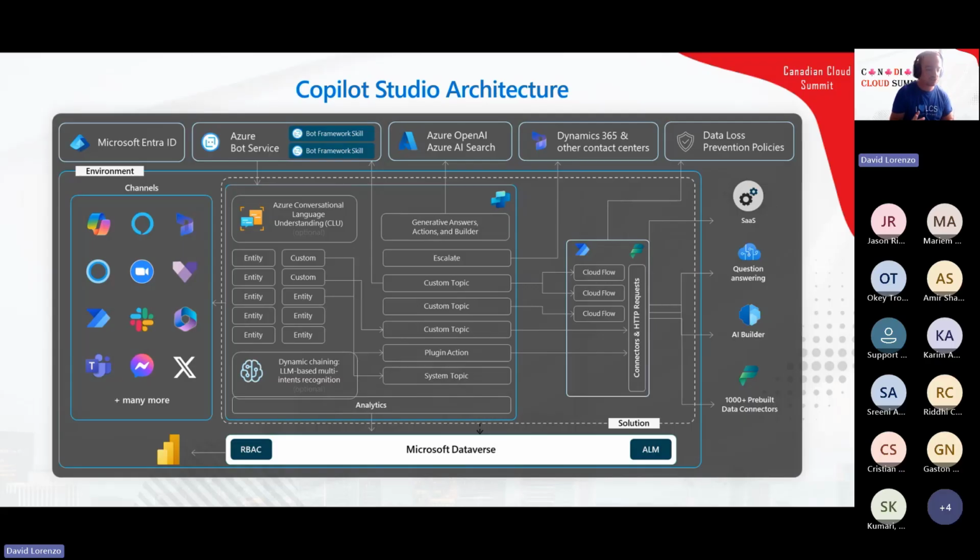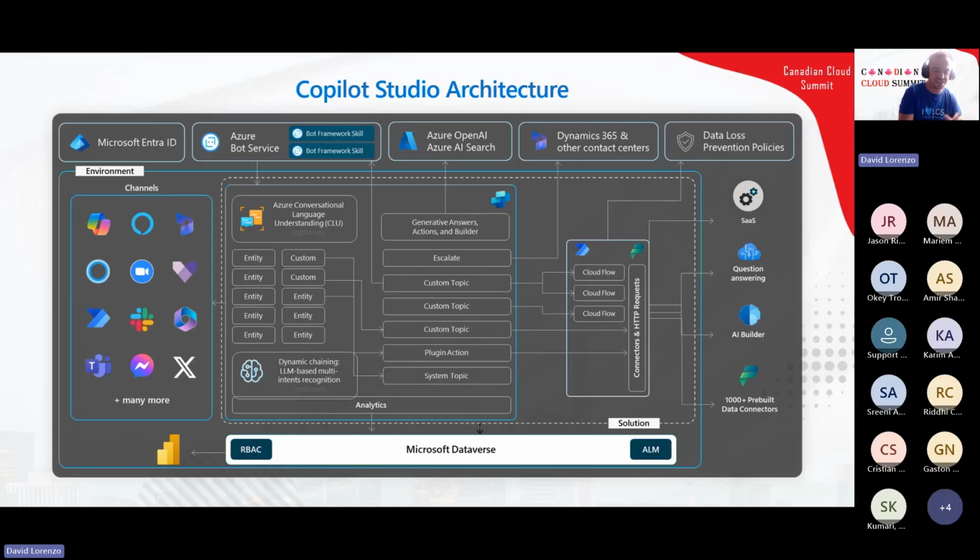This is the Copilot Studio architecture. Okay, so we have a lot of components that make this bigger system operate under the hood, but we don't see any of this. We only see a beautiful interface where we can just configure things, write different prompts, write different descriptions of the tools, and all this is magic behind the hood.